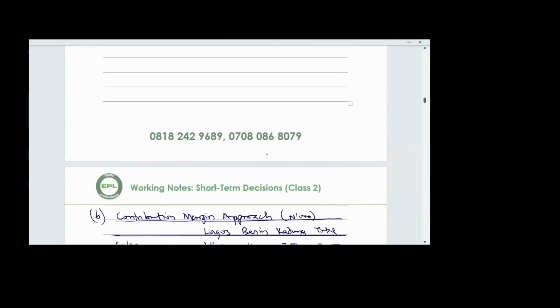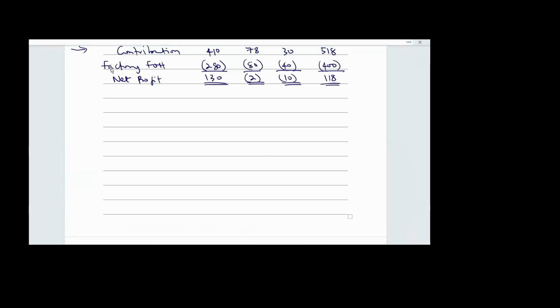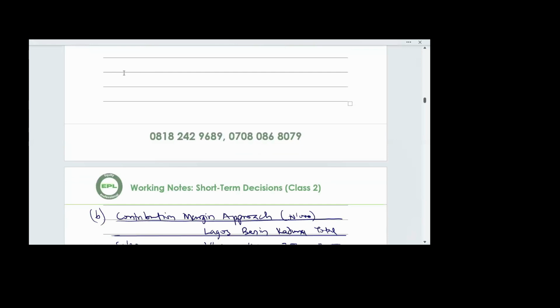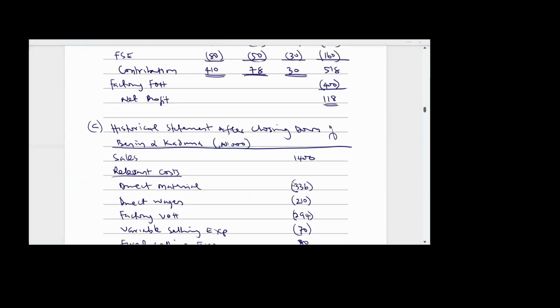The bulk of the fixed expenses will still be covered with the little that we can get from them, rather than closing it down. If you look at the profit, if it is closed down, 10, but if it is not closed down, the overall profit will be 118. So I think we can still manage them. Yes, you are correct. We shouldn't close down. So let's advise.